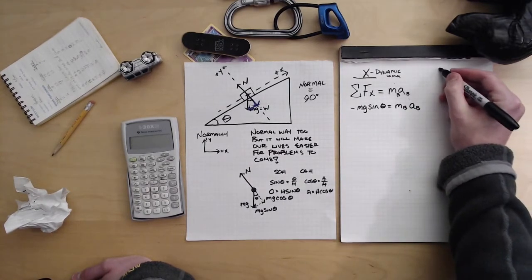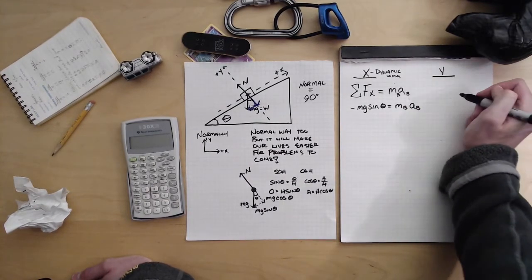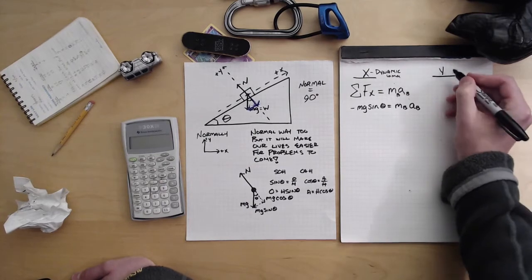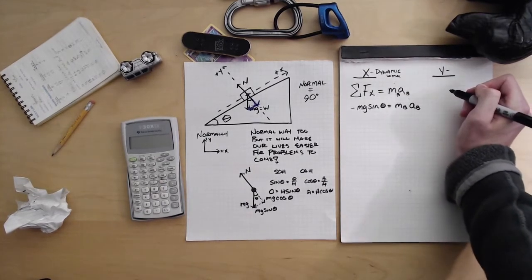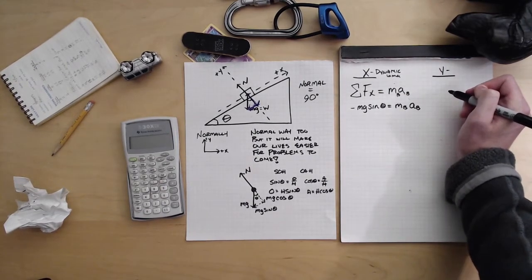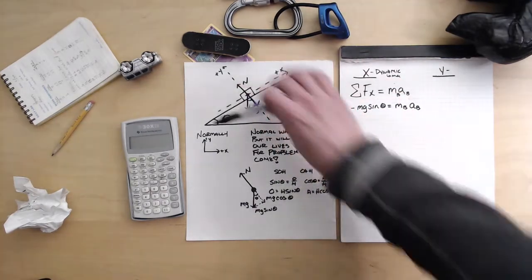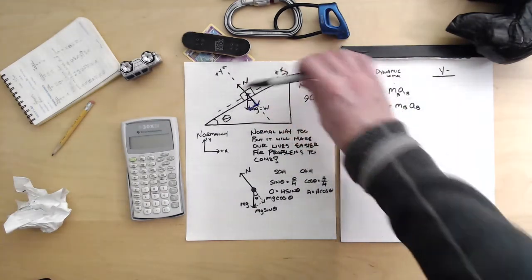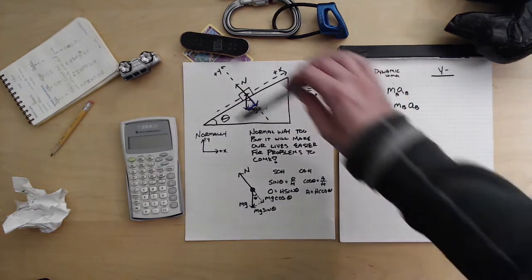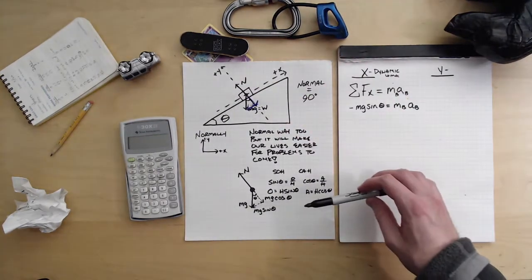We're going to come over here and we're going to do our y case now. So let's decide if y is dynamic or static. So again, the y-axis is up and down perpendicular to the plane of the incline of the hill.